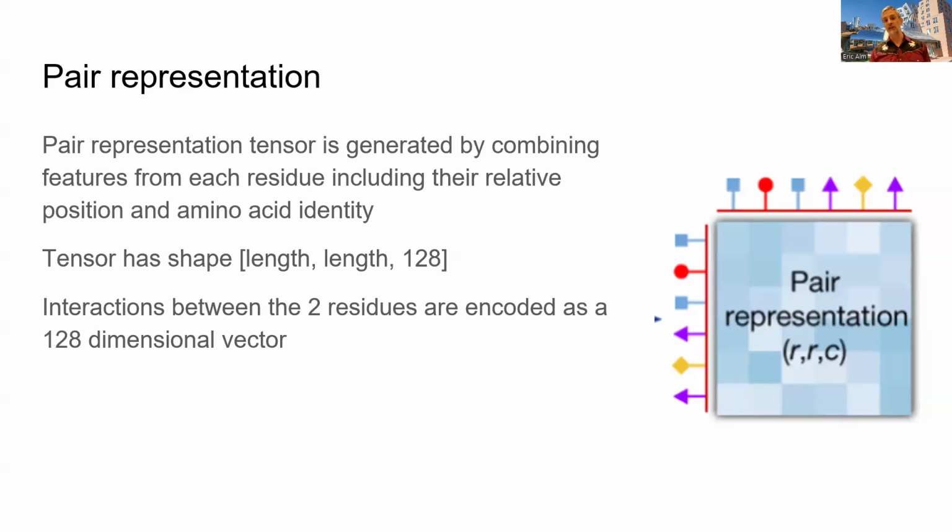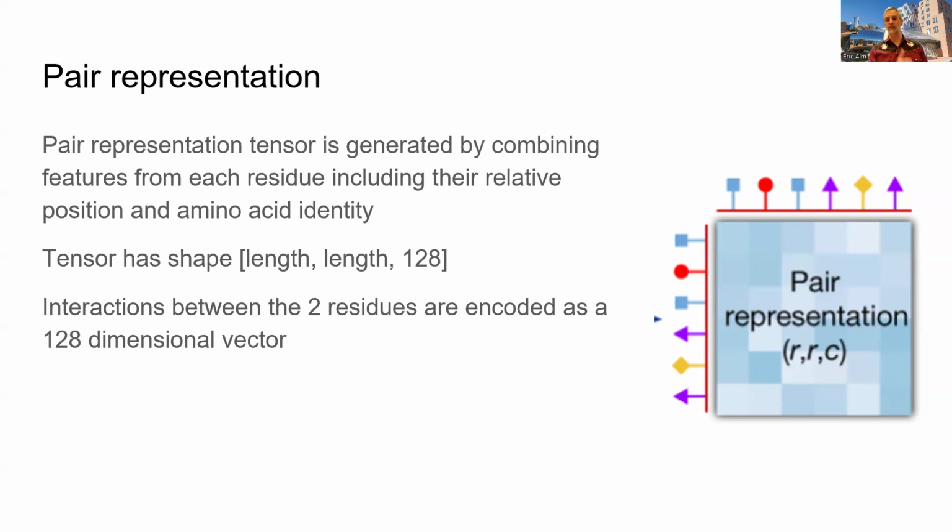Then we have a pair representation, and this we're going to generate by creating a matrix that is the length of our protein by the length of our protein. And I should say it's not just a matrix, it's a tensor. And so it has more than 2 dimensions: rows, columns, and then within each position in that matrix is a vector.